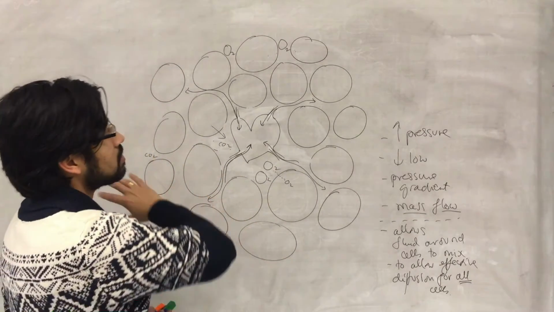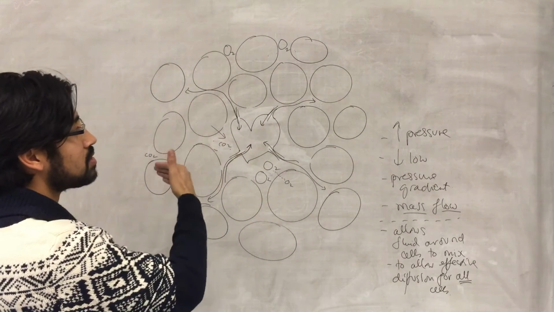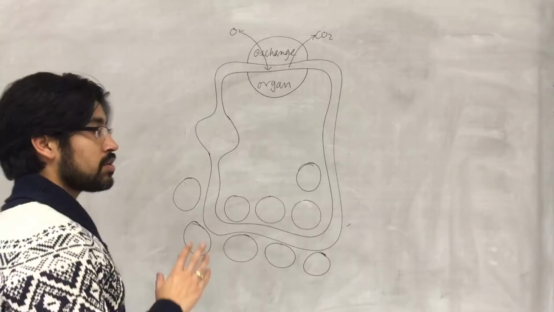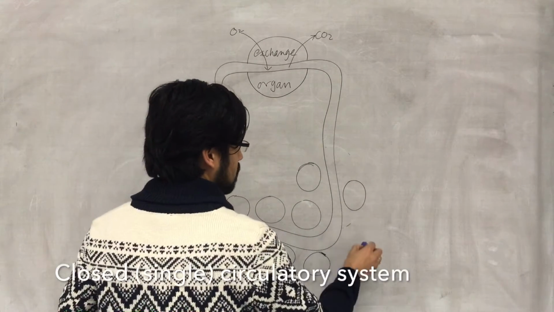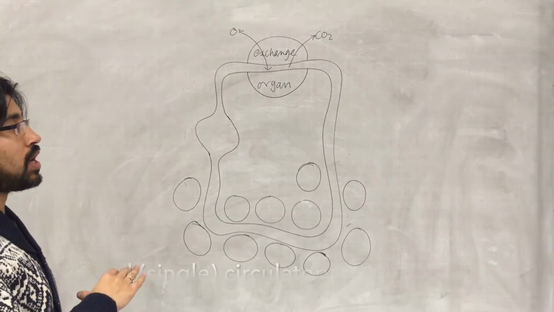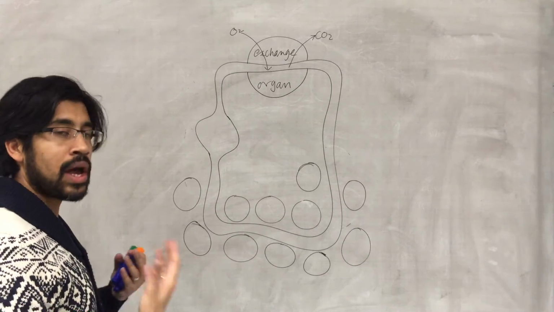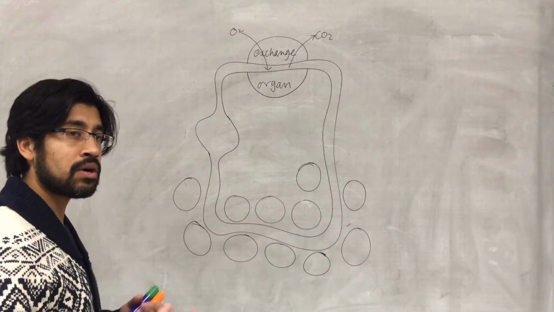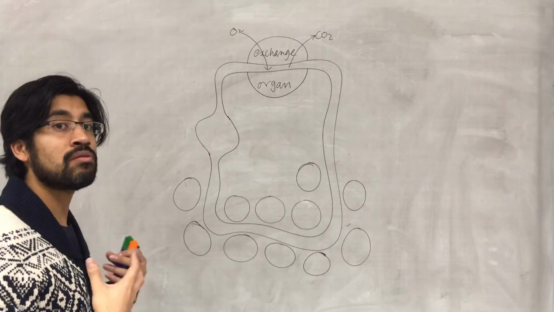Next we'll look at the closed circulatory system and how that improves things one step further. So here now we have a closed circulatory system, and what you have to be thinking about here is that as organisms get more complex, they are more active, they have higher energy demands, so the circulatory system has to become more and more effective.